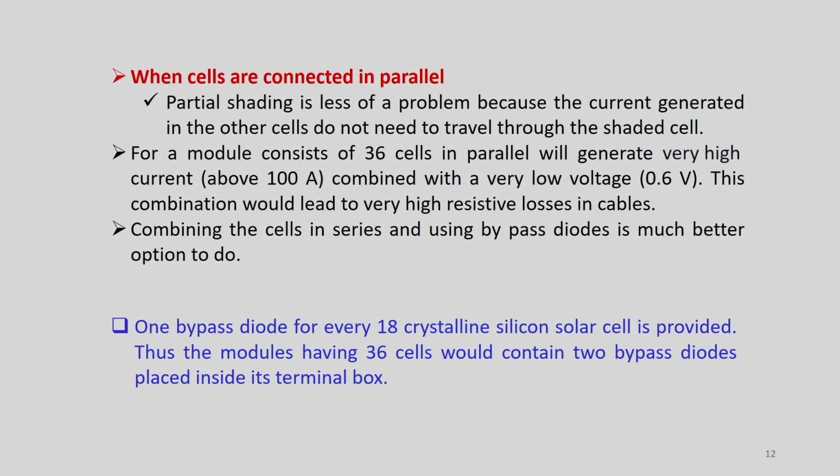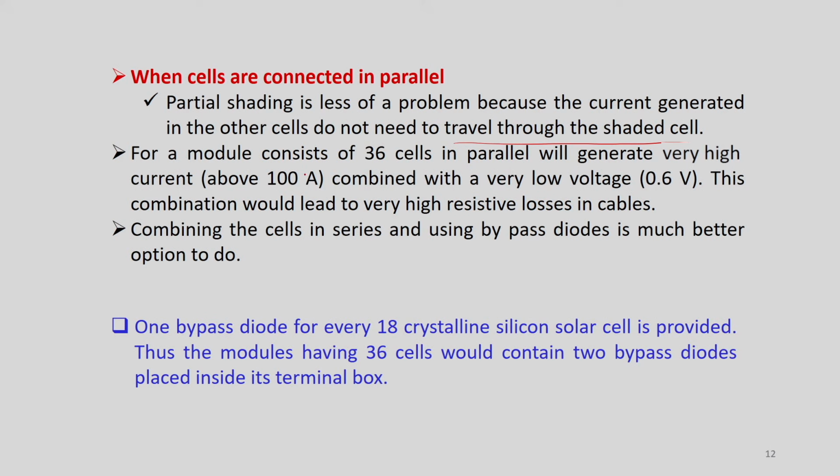Now, come to the situation when the cells are connected in parallel. This partial shading is less of a problem, because the current generated in the other cells does not need to travel through the shaded cell. This is one important aspect.